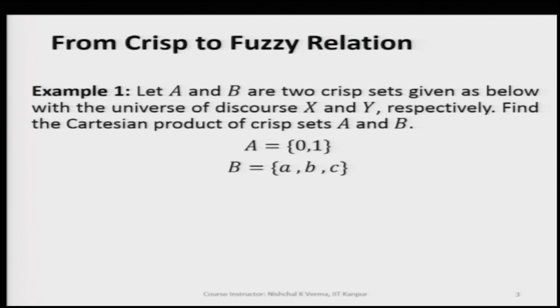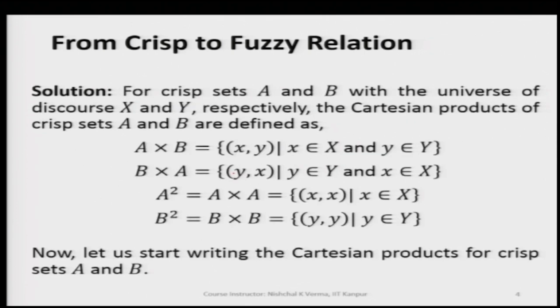So, let us take an example where we have A and B, two crisp sets. A is a crisp set with two elements, 0 and 1, and in the crisp set B we have three elements a, b and c.